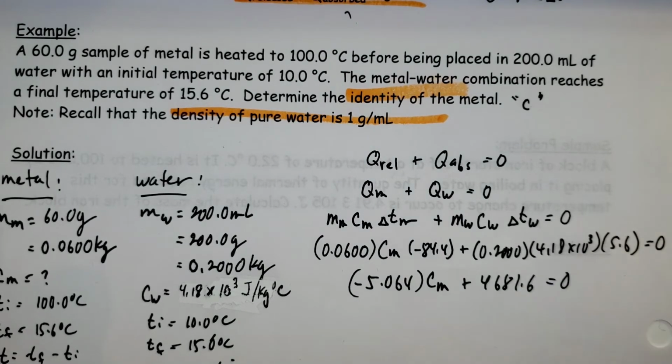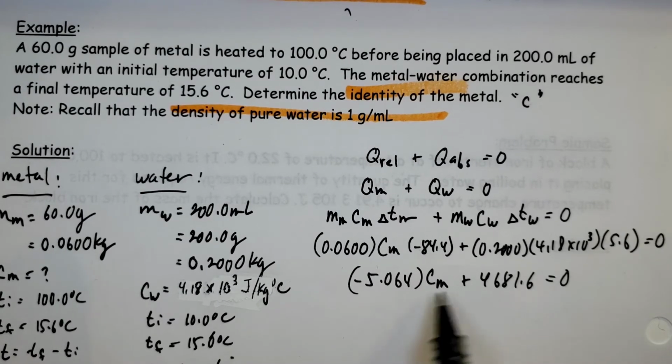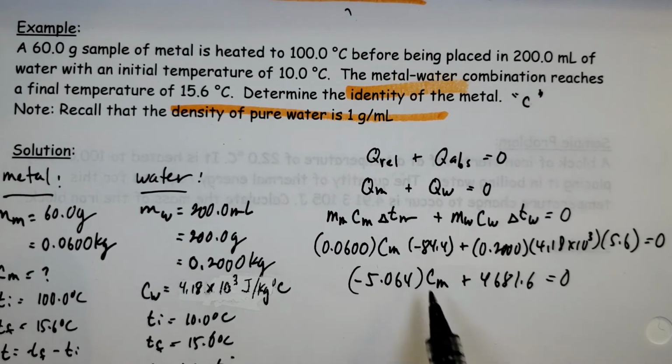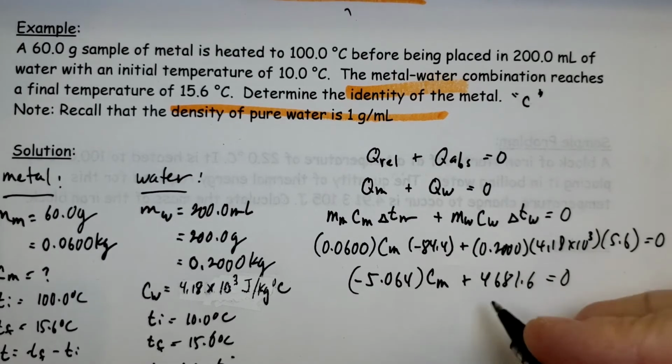That gives me this. Then to solve for C, the CM term, I have to isolate this first, which means this plus 4681, I'm going to have to subtract it.